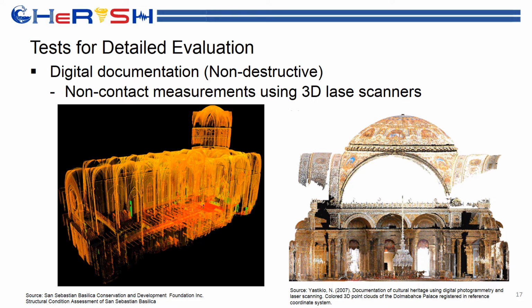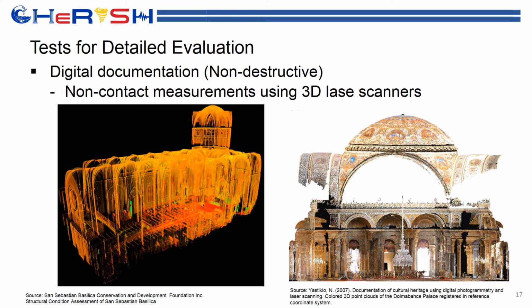And through this, we were able to really document in detail, particularly important in this type of complex structure, right? Because really you cannot just go there and measure the details of this one, right? So the best way to do it is to do the 3D laser scanning.